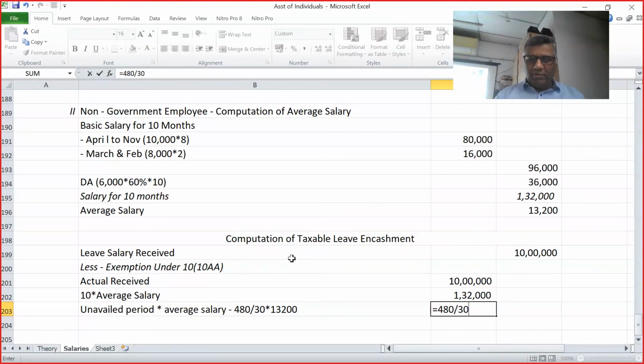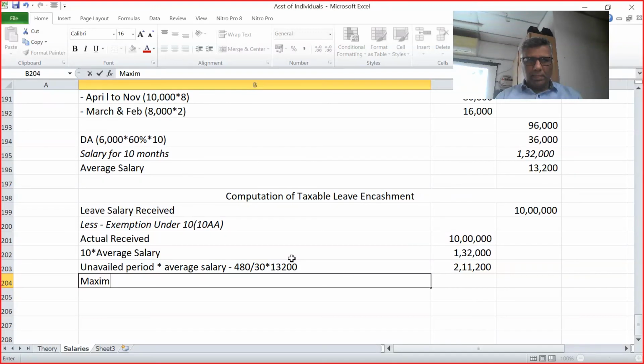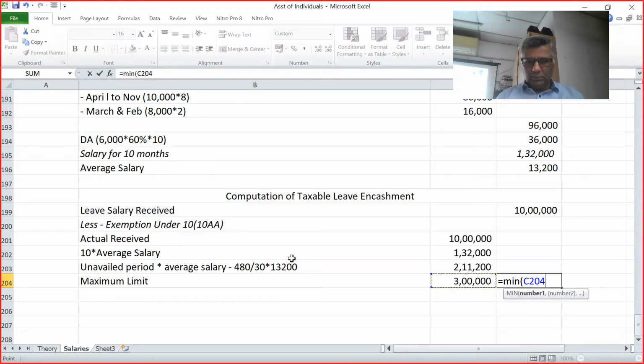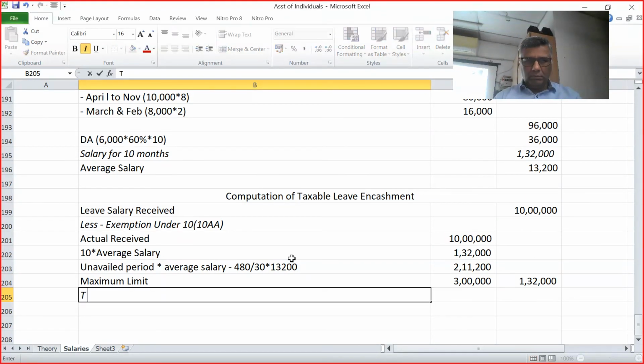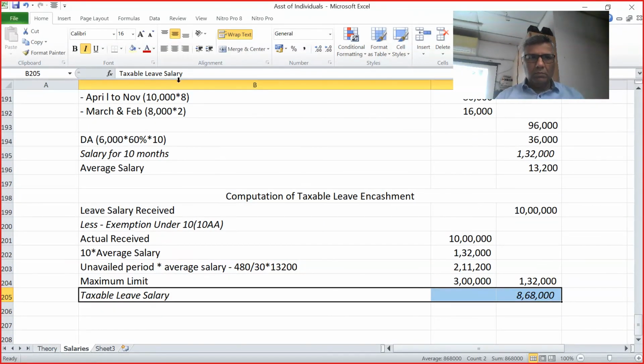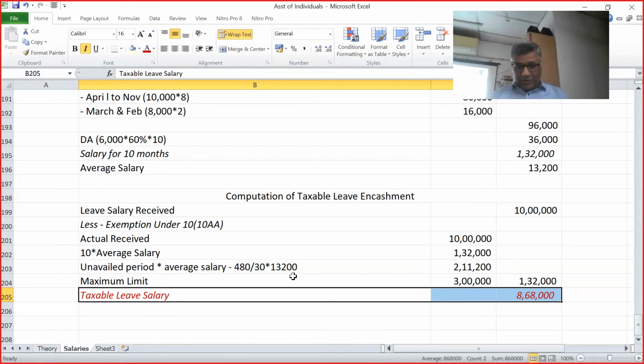480 days, so dividing it into months and then multiplying with average salary. Sir, unavailed period is 120 days, right? 30 days per year into 20 years minus leave availed during the service, 480.